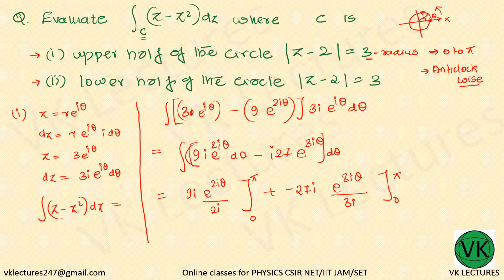Now here, first term we can go with the upper limit first. 9i and i gets cancelled, so 9 by 2 into first let us put the upper limit 2i pi. 2i pi means 0, so that is 1.